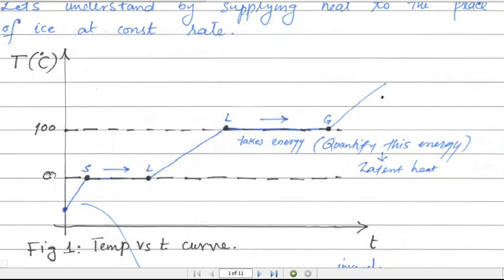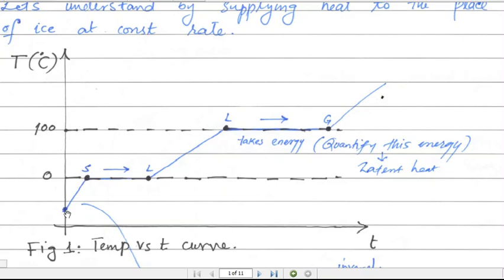And here the scale will be in Celsius, and we know that 0 degree Celsius is the temperature at which the ice converts into a liquid, whereas 100 degrees Celsius is the temperature where the liquid converts into a gas. That is, it's the boiling point of a liquid.